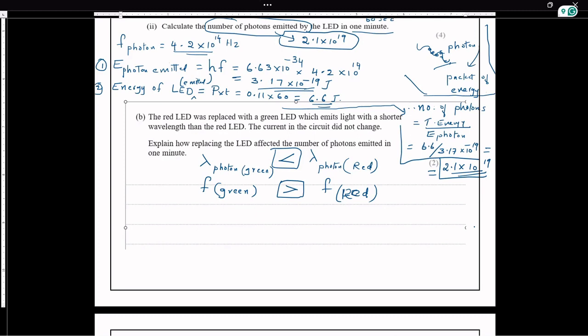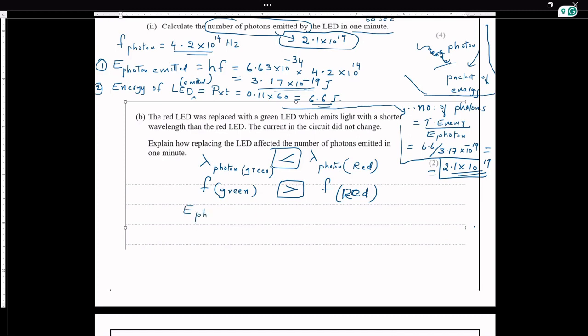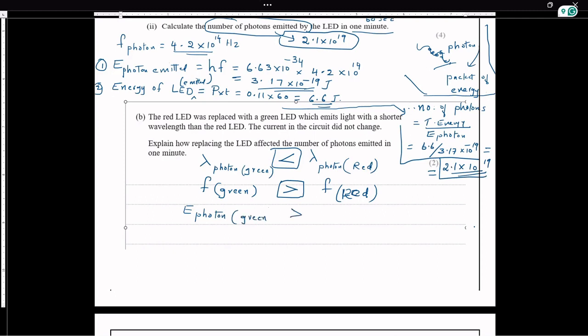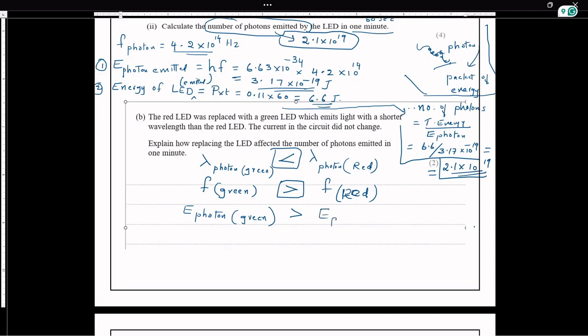And remember, we are going to calculate per minute. So it has a greater frequency. Therefore, the photon energy for green is definitely greater than the energy of the photon for red. Why? Because energy is proportional to frequency. Therefore, when the frequency is higher, the energy of the photon is higher.